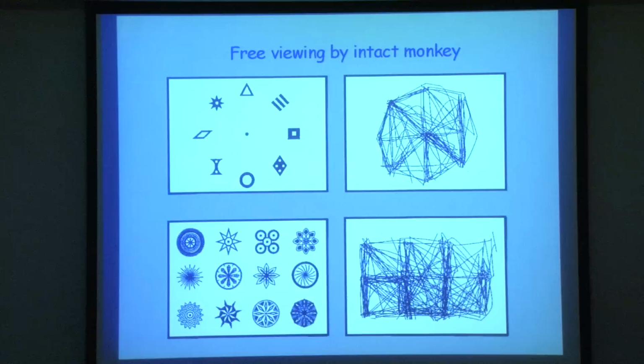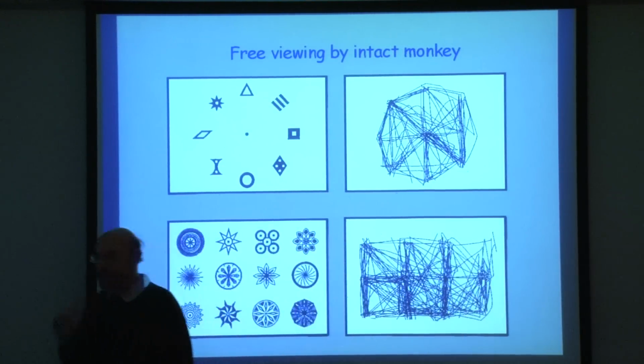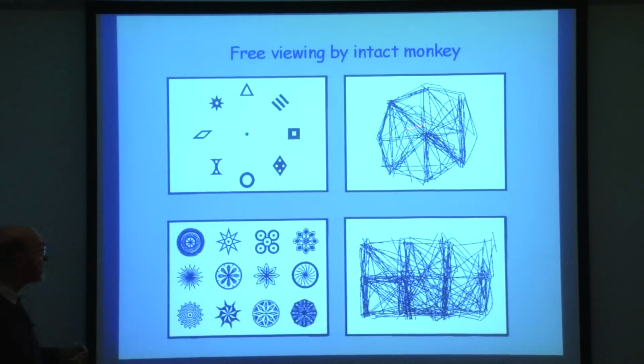And even if you didn't see these here, you can readily tell that there must be a whole bunch of objects at these locations, including one in the center, and that the objects must be aligned the way they are there. So clearly the monkeys do the same thing we do. They tend to look at particular objects in the scene and make accurate saccades to them to be able to analyze them.